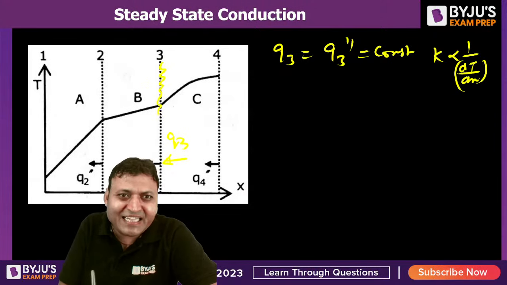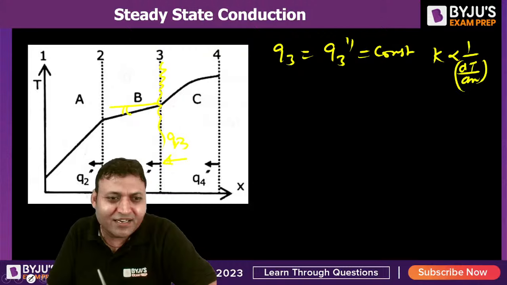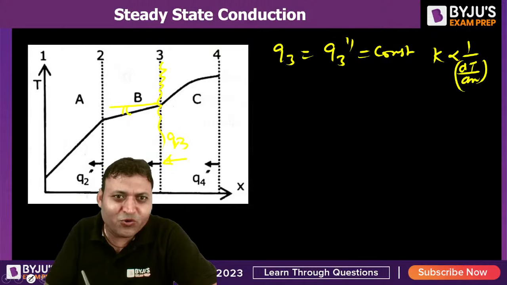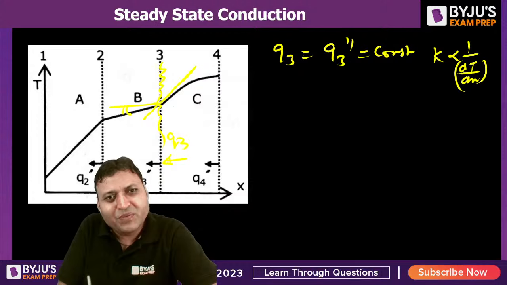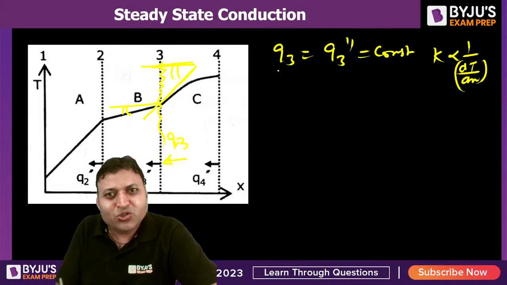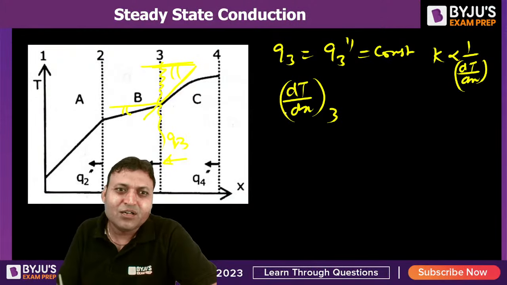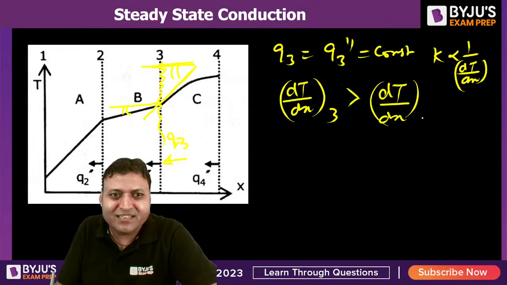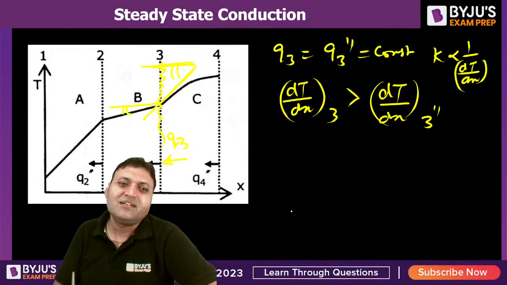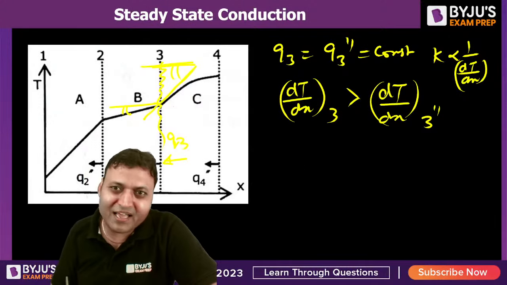We are considering this interface. This is angle theta, and tan theta is the slope. The slope here is more, so dT/dx at 3 will be greater than dT/dx at 3 double dash.